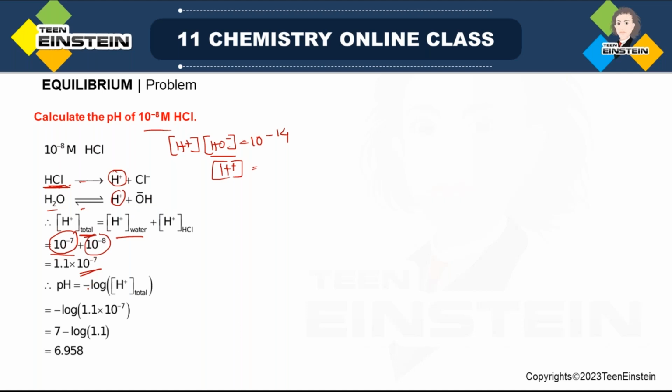If you take 10 to the minus 7 common, you will get 1 plus 0.1, which is 1.1 into 10 to the minus 7. Now you can use the formula of pH, put H plus as 1.1 times 10 to the minus 7. There is a negative sign, so minus log of 1.1 times 10 to the minus 7, which is 7 minus something. It gives you 6.958. See, this is lesser than 7. So don't directly use this formula. You have to solve it in such a way.